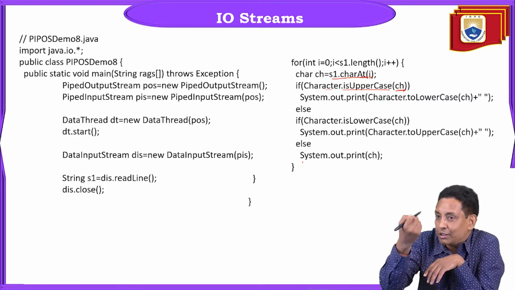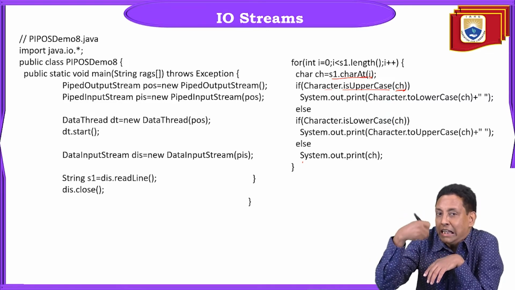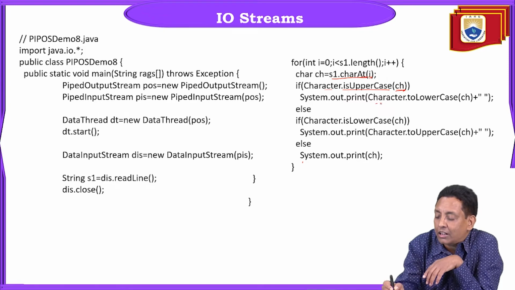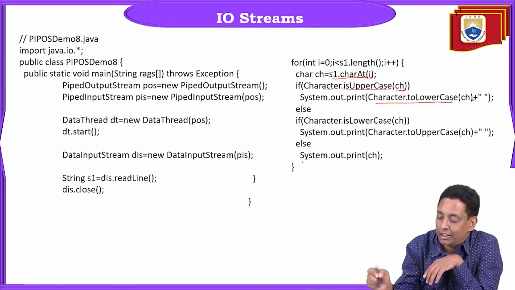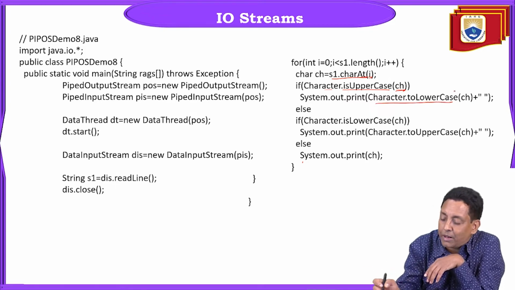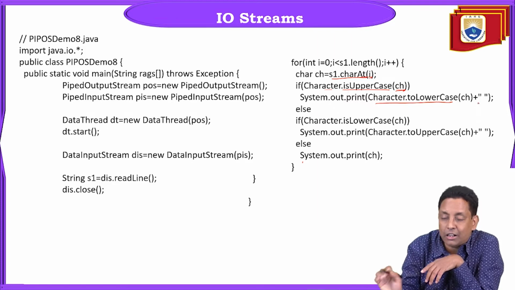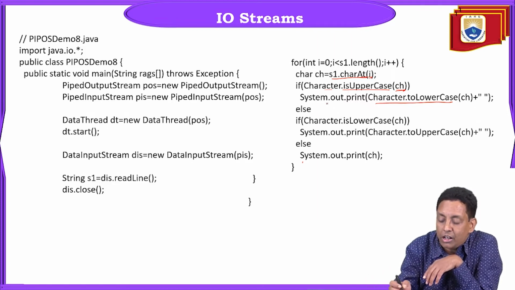So we want to convert uppercase to lowercase and lowercase to uppercase, that is, invert the case of the string. Character.toLowerCase, here also a toLowerCase method is given. If you pass that character, an uppercase character will be converted into a lowercase character. Else we are checking: else if Character.isLowerCase, if the character is lowercase, convert it into uppercase.